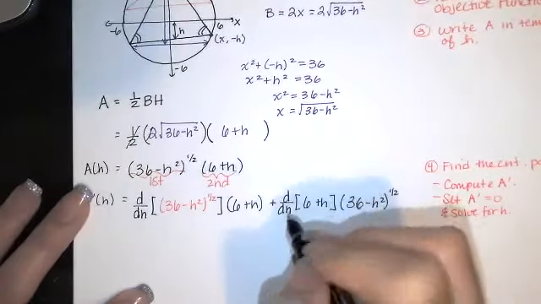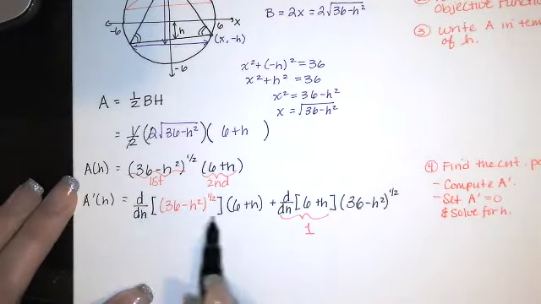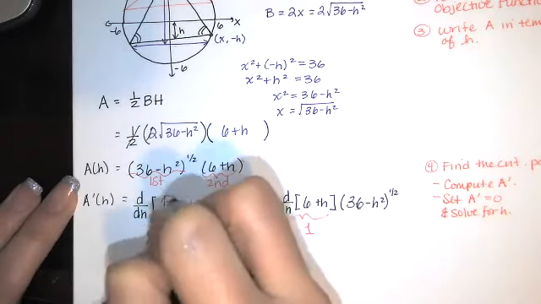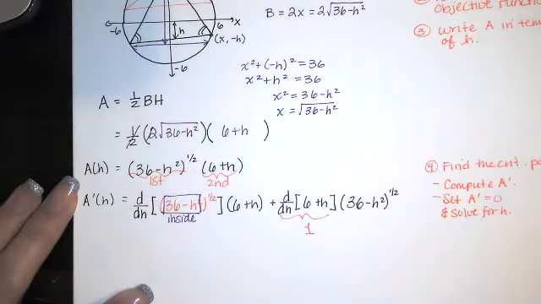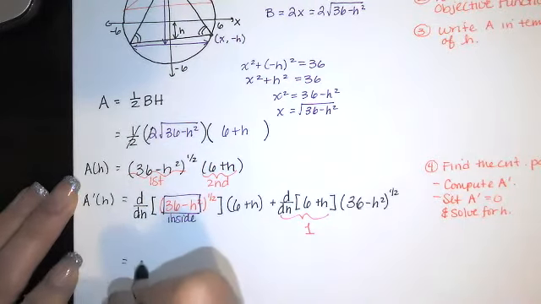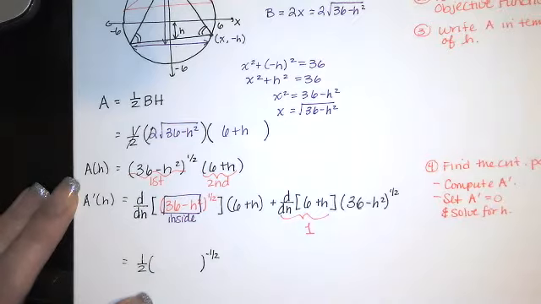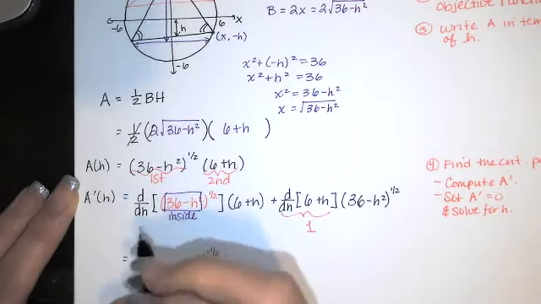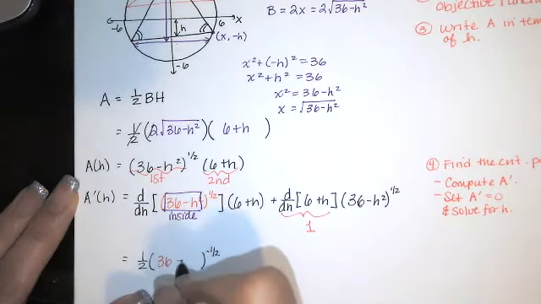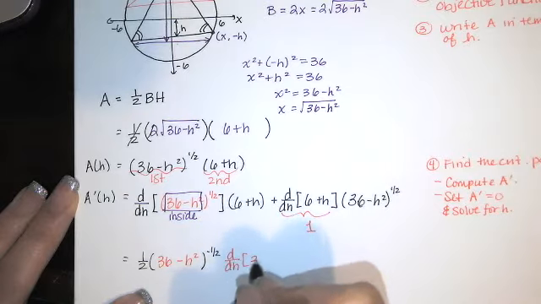It's okay. Derivative of 6 plus h is just 1. The derivative of this guy requires the chain rule because I've got a function nested inside another function. So we'll do derivative of the outside. Derivative of a function to the 1/2 is 1/2 of that function to the negative 1/2 times the derivative of the inside.